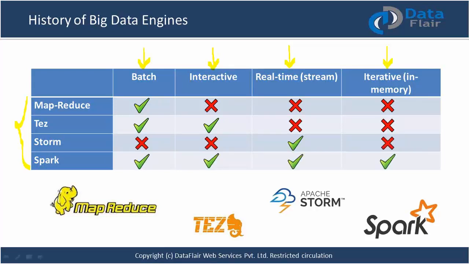For all your batch requirements, the industry is still using MapReduce. But guys, MapReduce can't handle interactive processing. MapReduce is a high latency system. It can't handle your stream analytics requirement, real-time requirements. MapReduce is not a good fit for iterative processing.